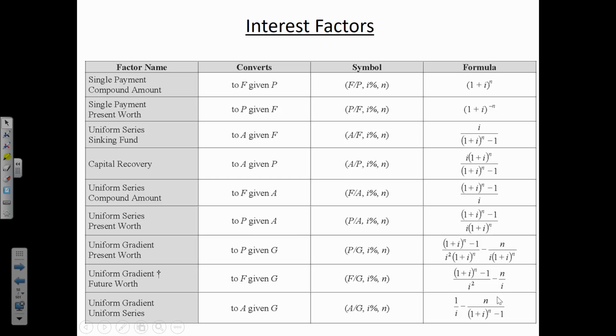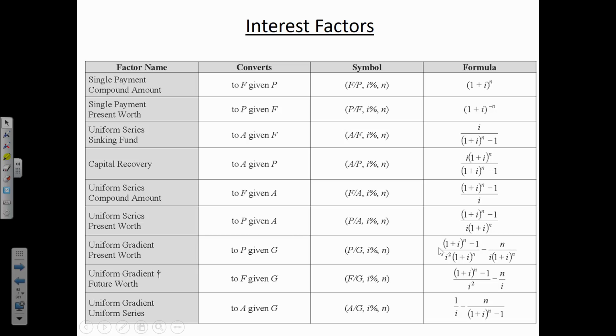Each row, you could turn what's in the brackets into a sentence that explains what kind of problem it is. And this table where it says converts to F given P is a reminder of that same language interpretation that we've discussed before.